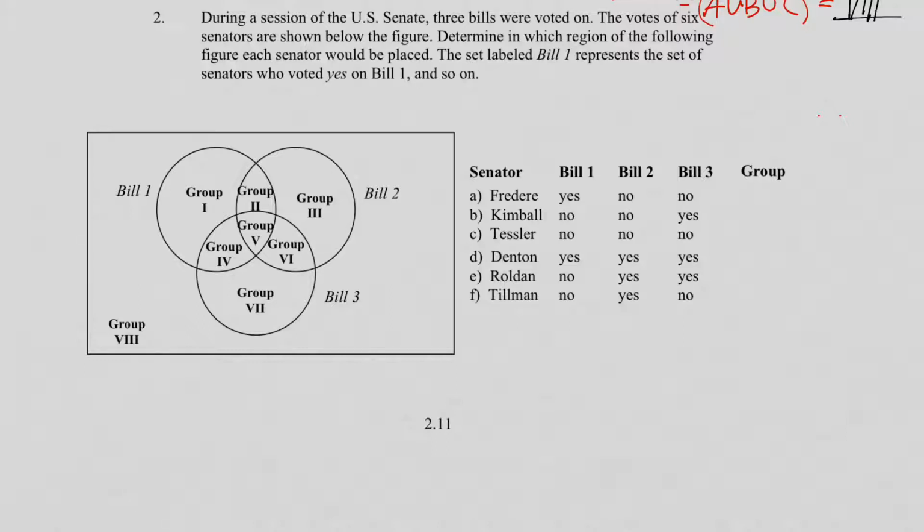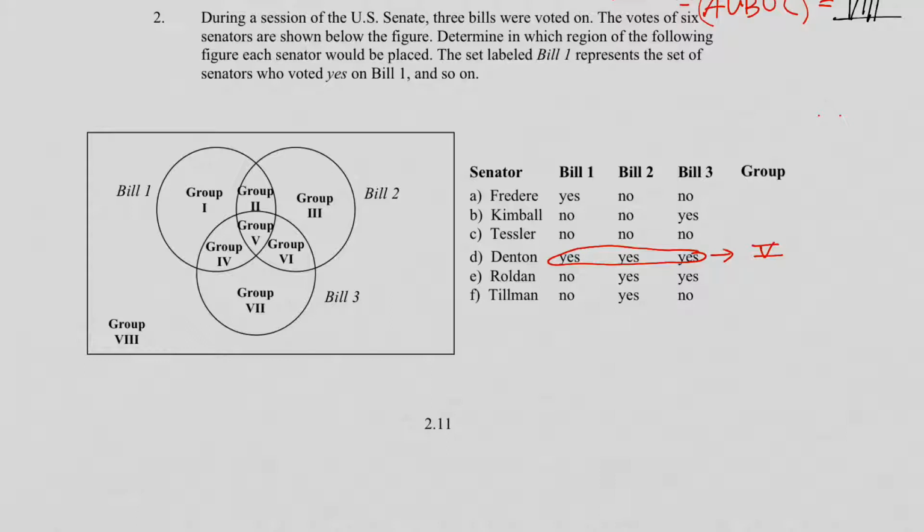The easiest one to start with would be if they all voted yes. That goes in the center. If you look right there, they all voted yes. So that is region 5 or group 5.